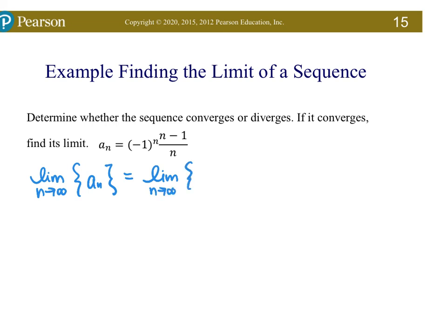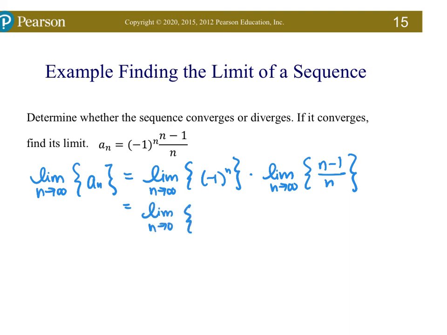So I have the limit of -1 to the n, but I also have a separate product, n minus 1 over n. All right, there's not a whole lot I can do with -1 to the n, but I can simplify this term to 1 minus 1 over n.